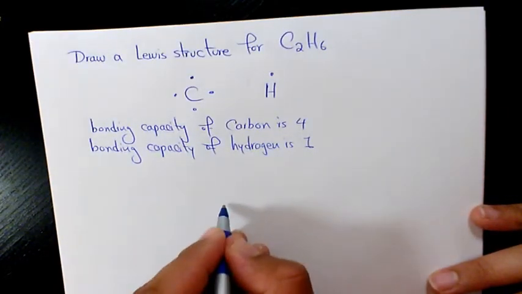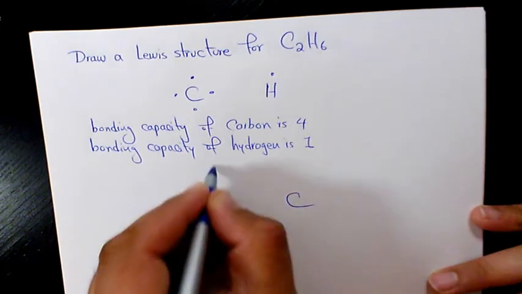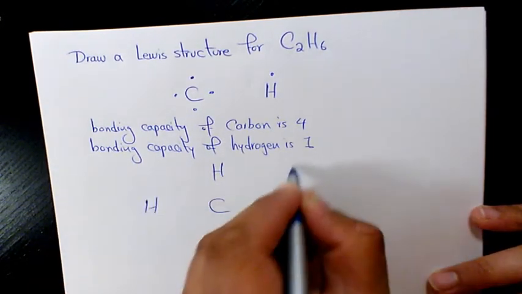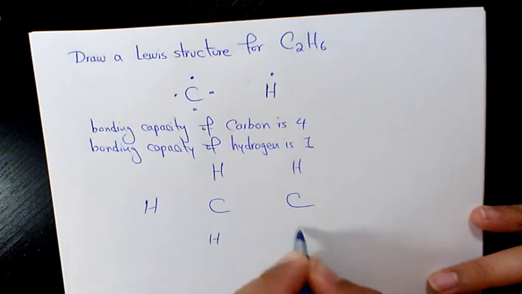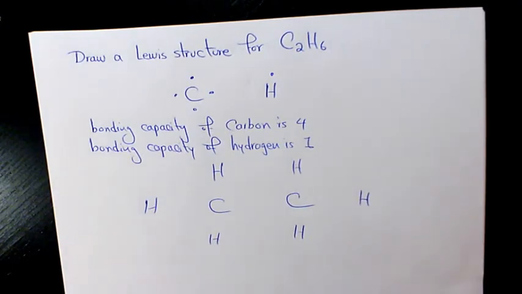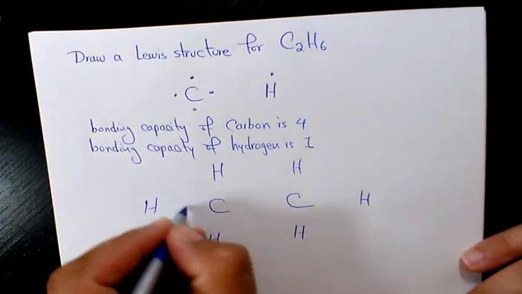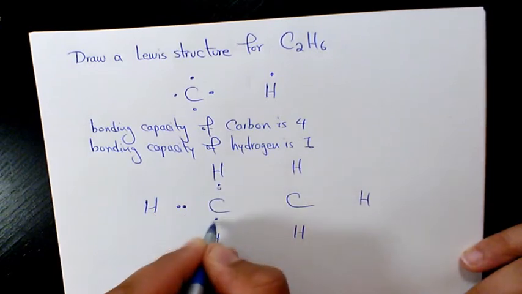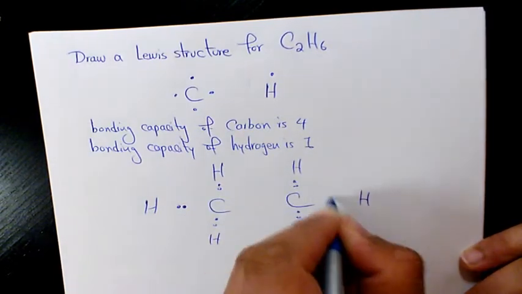So then we place the elements. So we have C, C, and six H's in here. And we need to place 1 pair of electrons between each adjacent pair of atoms. Every 2 of these dots represents a bonding electron pair that forms a single covalent bond. 1, 2, 1, 2, and so on.